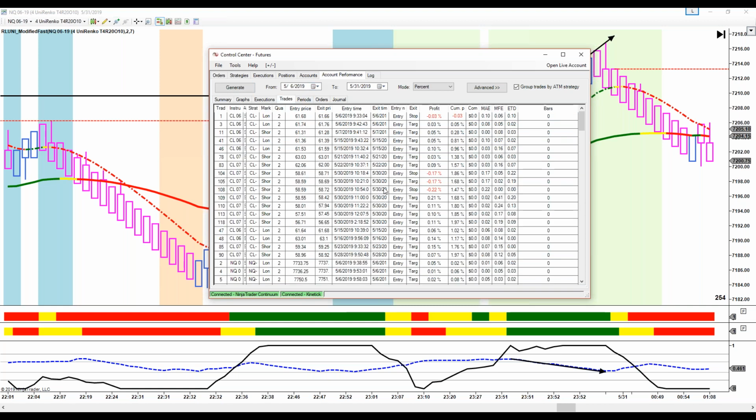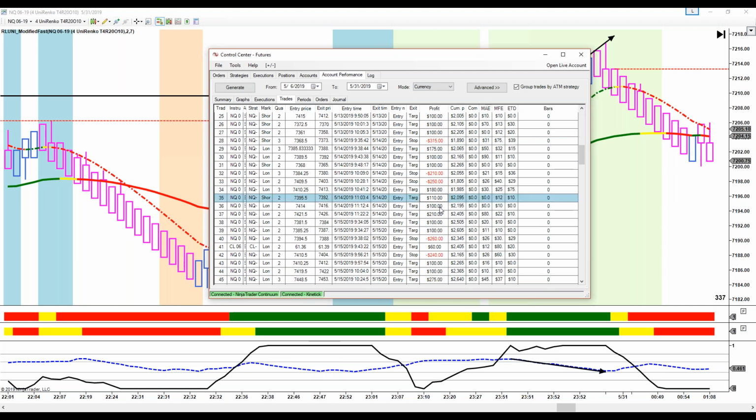I'm going to show you the trades. Most of the trades were just 2 contracts. We go to currency, and if you'll notice, a huge number of them were 100, 100, 100, 100.